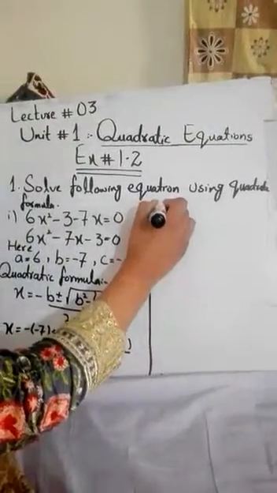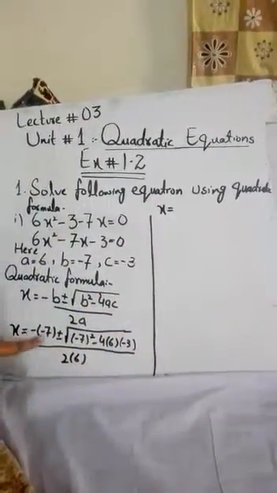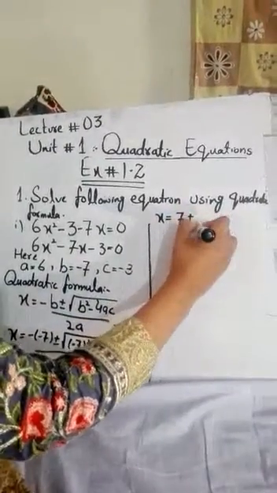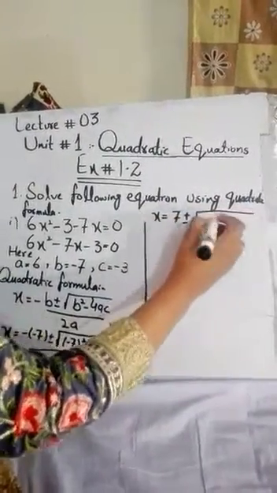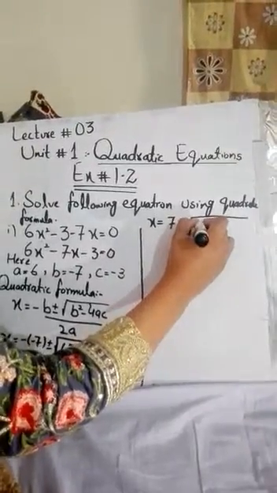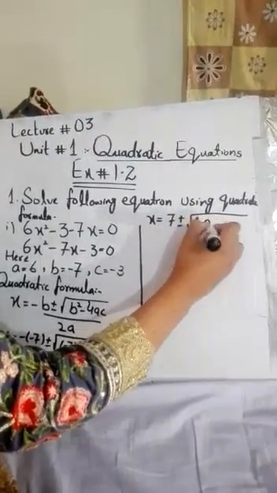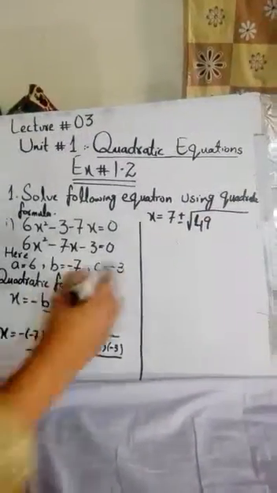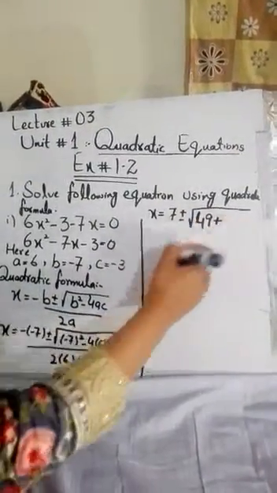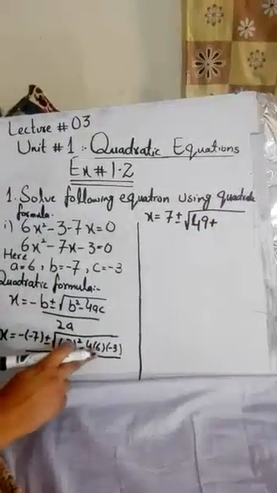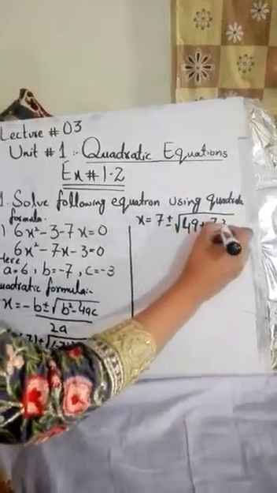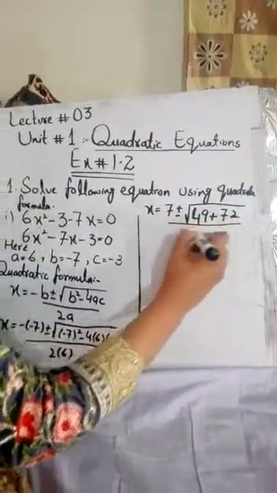The next step is x is equal to minus minus will become plus 7, plus minus square root of 49, minus minus will become plus 4 times 6 is 24, 24 times 3 is 72, divided by 12.